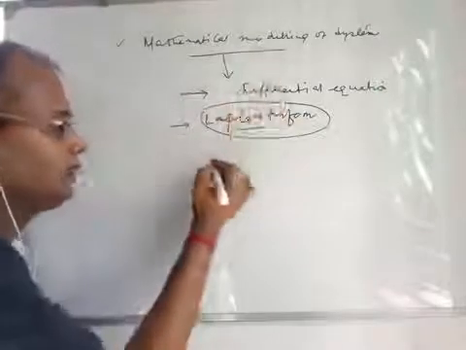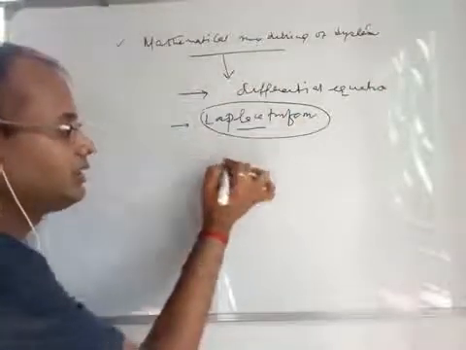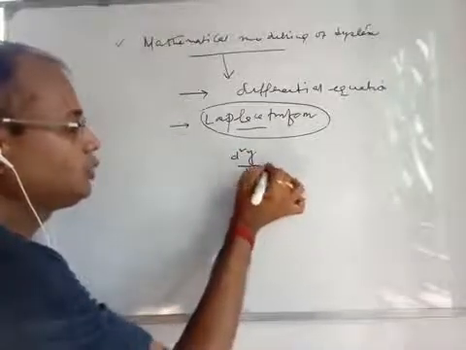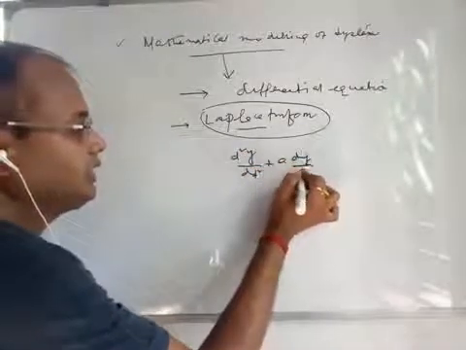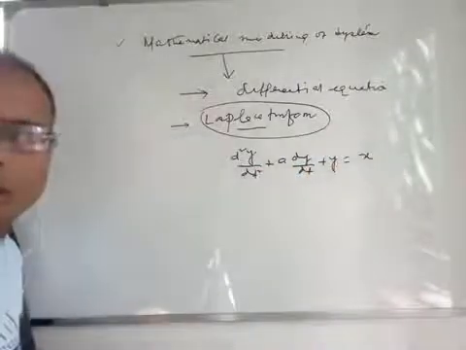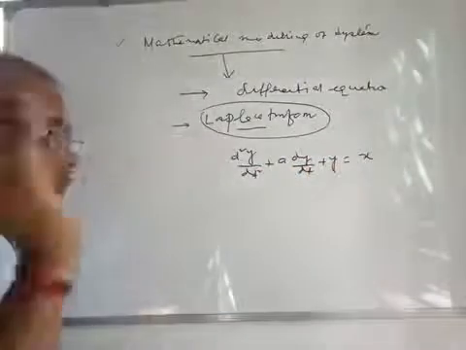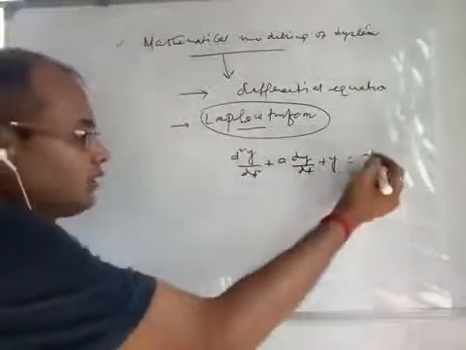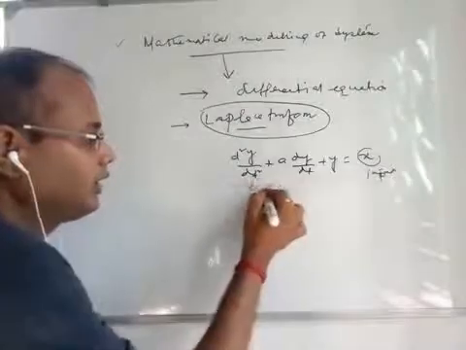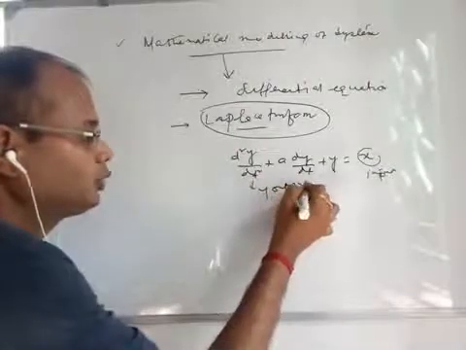Say for example, any system is described by d2y dt2 plus a dy dt plus y is equal to x. Actually what happens, this x is your input and this y is your output.